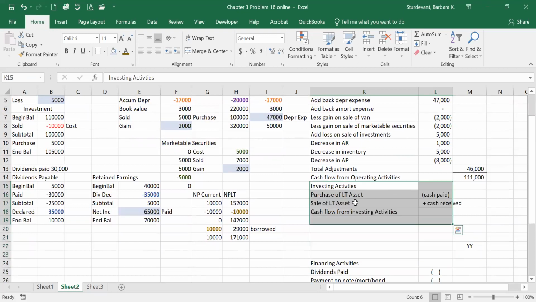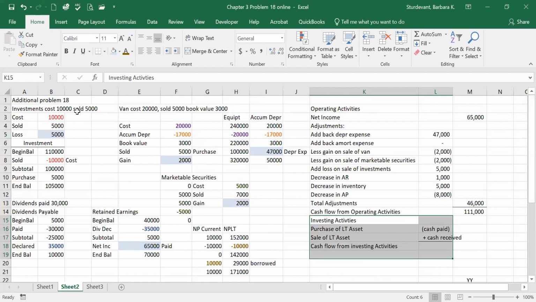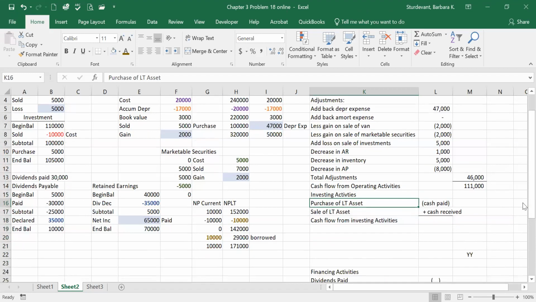Now, it looked really simple when I put it right here, but we've got investments, we've got a van, and we have marketable securities. Now we're going to look at inside the accounts. Okay. Oh, I'm not getting as far as I want to. I might have to put your test off another day. This is not working here, but we'll see.